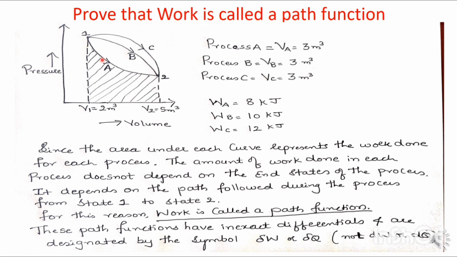One is process A, that means the system is moving from state 1 to state 2 by following path A. Another system is reaching from state 1 to state 2 by following path B, which I will call process B. And another system is reaching from state 1 to state 2 by following path C. We will call it process C.